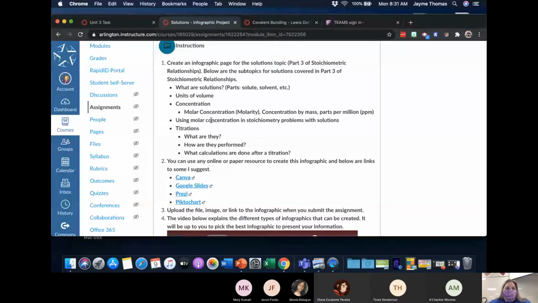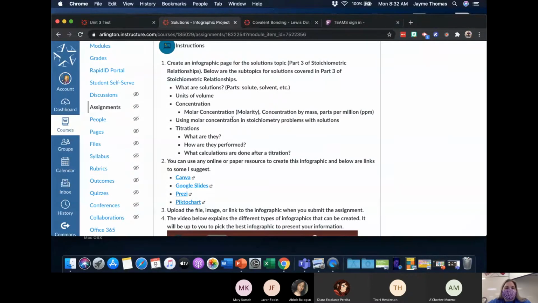So we start with the volume of the solution, and then we use the molar concentration to convert from the volume to moles. Then you can use your mole ratio to convert from moles of your known to moles of your unknown. And then whatever unit you're wanting to solve for, if you're solving for mass, or volume of another solution, or volume of a gas, or particles, you can use whichever conversion factor you need for that last part, depending on what the problem's asking for.